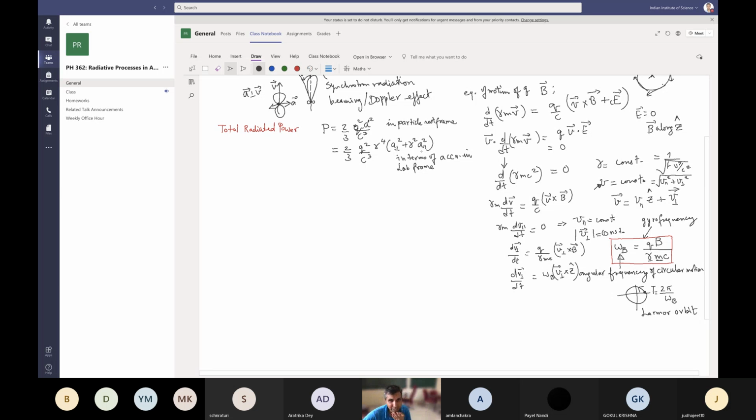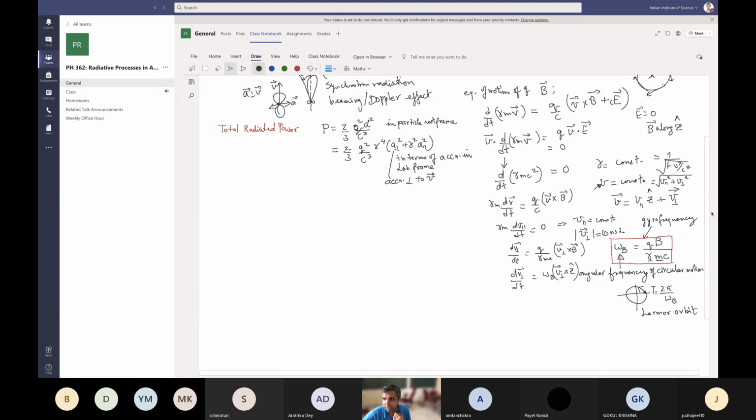Here, what is A parallel and A perp? A perp is the acceleration perpendicular to the particle velocity, and A parallel is the acceleration parallel to the particle velocity, right? This parallel and perpendicular in this expression is relative to the velocity of the particle.